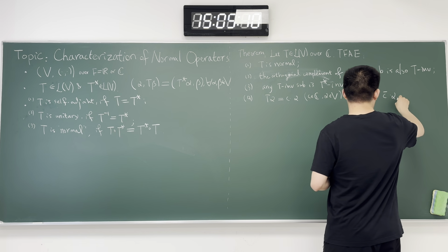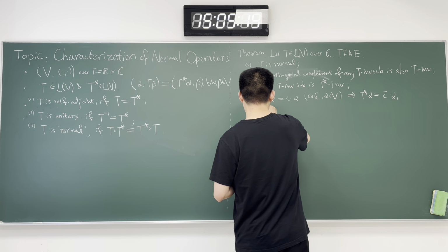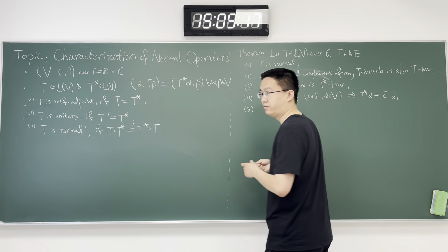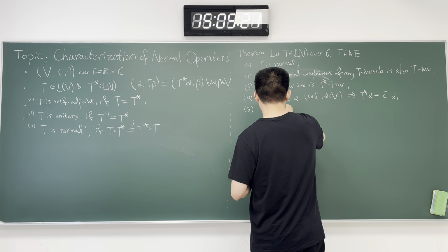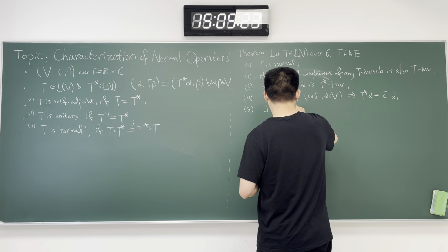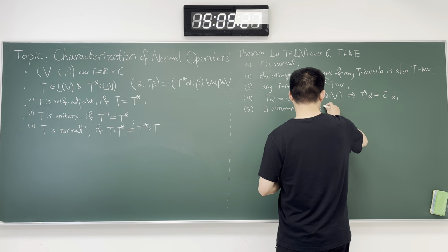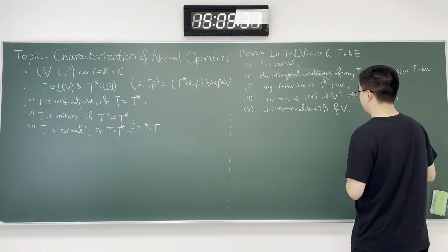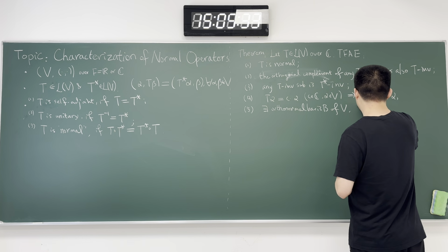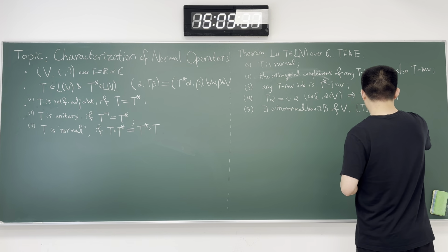And the fifth one means that under some suitable basis of V, which is an orthonormal basis, of course, the matrix representation of our linear transformation T is a diagonal one.